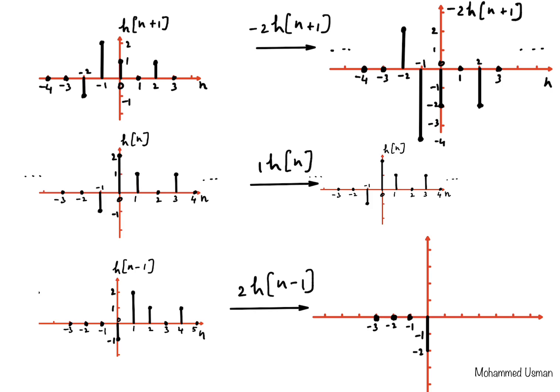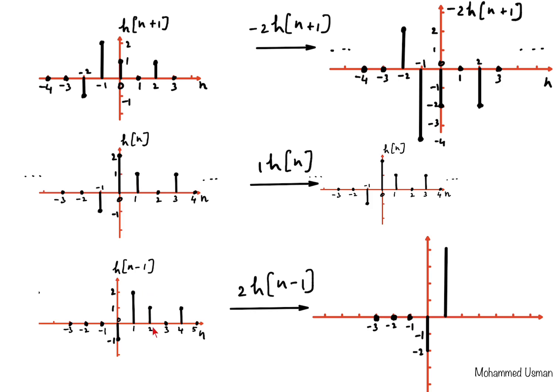So minus 1 has got doubled to minus 2, and when n equal to 1, the value of h of n minus 1 is 2 here. So 2 into 2 will become 4, so we'll get an impulse here of height 4.